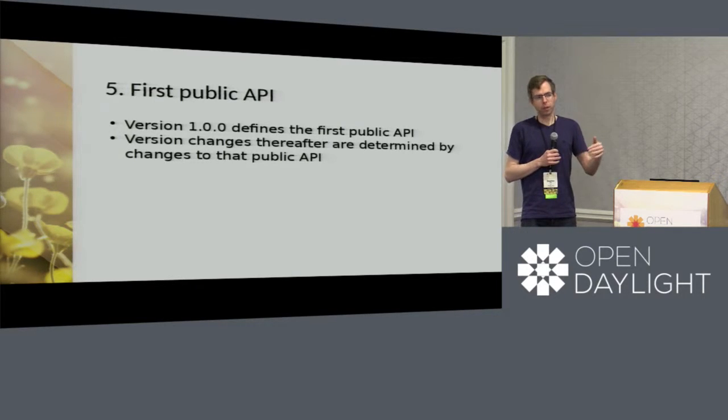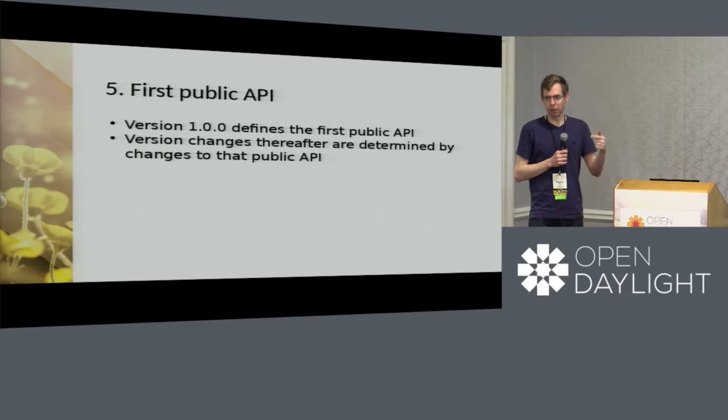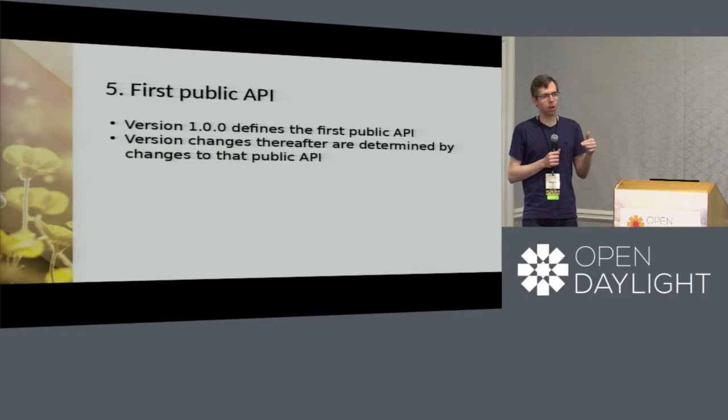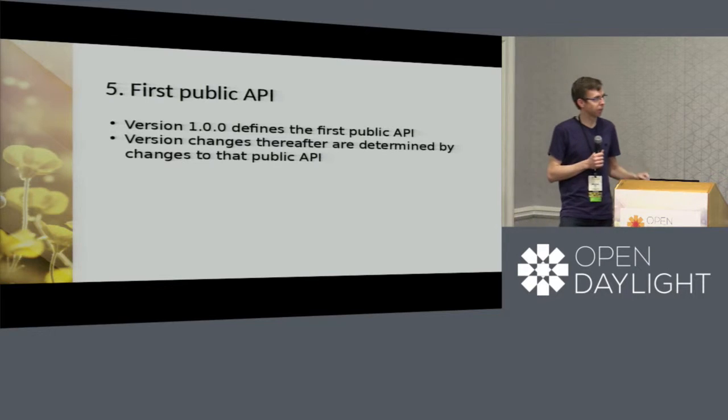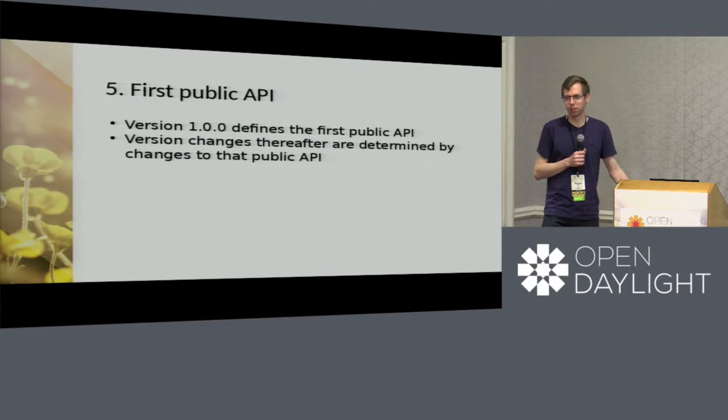One thing that isn't covered in these points, but I think it's worth pointing out, is that we're not in JVM land here, or rather Java JDK land, so you are allowed to remove things. It's not because you've defined something in a public API that you're stuck with supporting it for the rest of your life. But it is important to make at least a reasonable effort to get version 1.0.0 right.